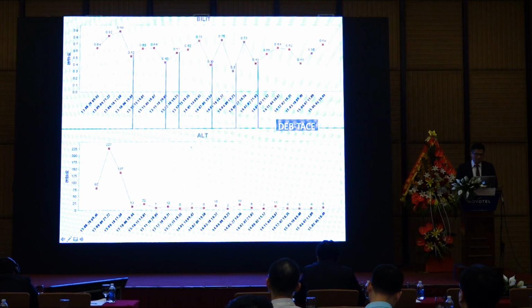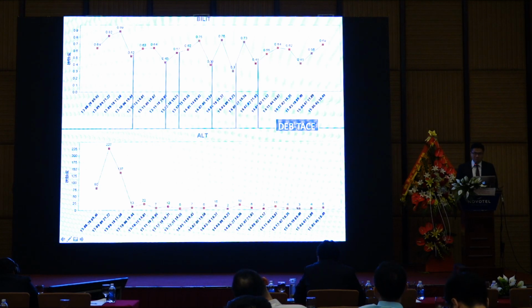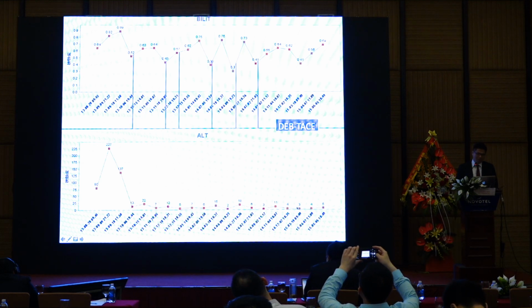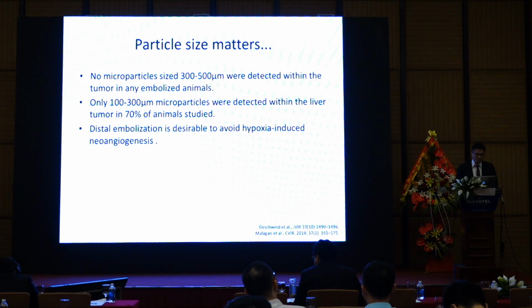Also, you can see that the ALT level remained nearly normal after all the treatment. So that means that if you use drug-eluting beads adequately, the liver toxicity is very low.